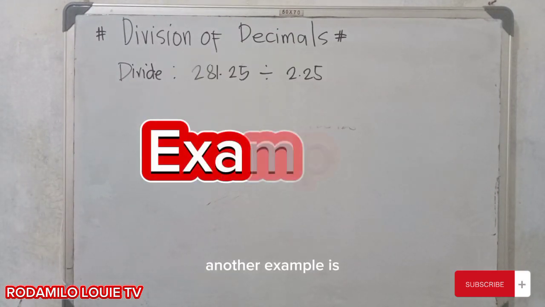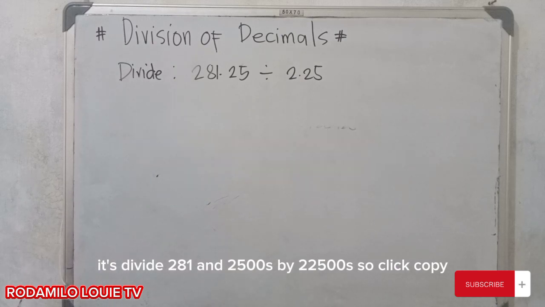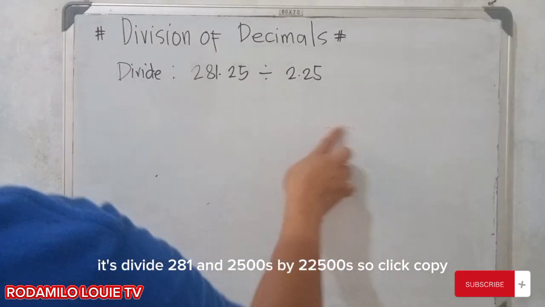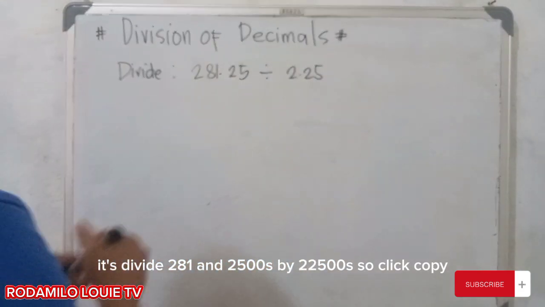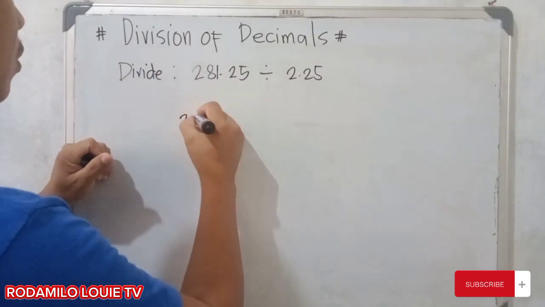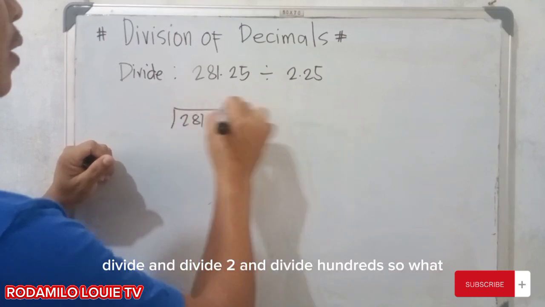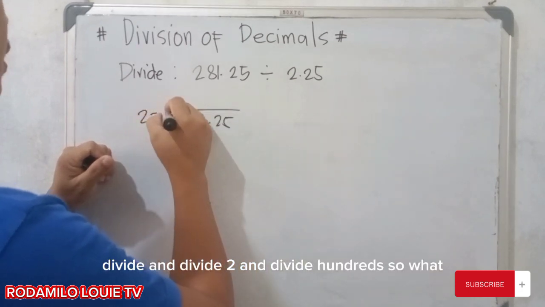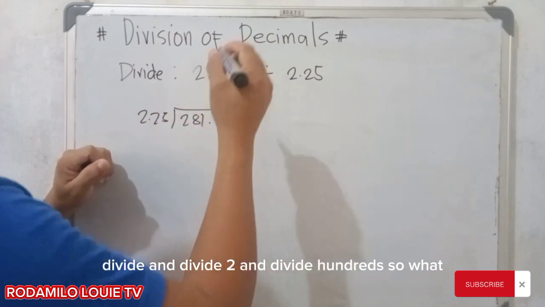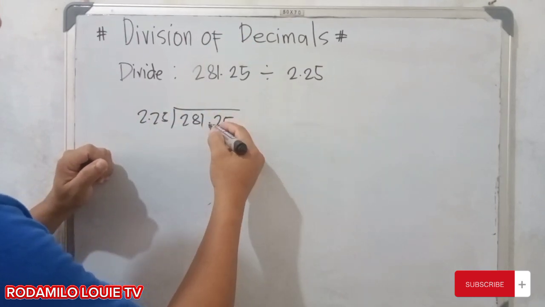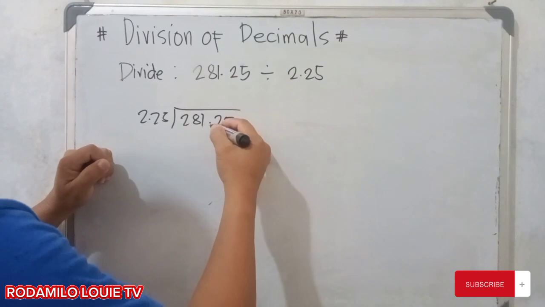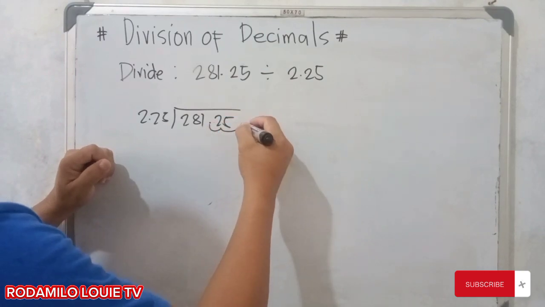Another example is let's divide 281 and 25 hundredths divide 2 and 25 hundredths. So let's copy 281 and 25 and divide 2 and 25 hundredths. So atong i-move ang decimal place dito sa rightmost place niya.